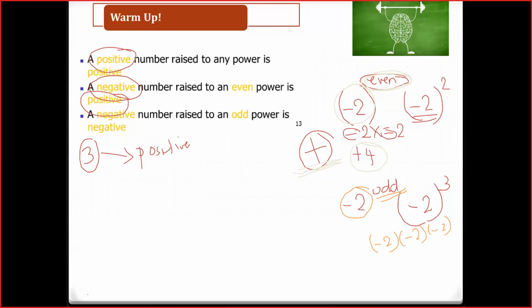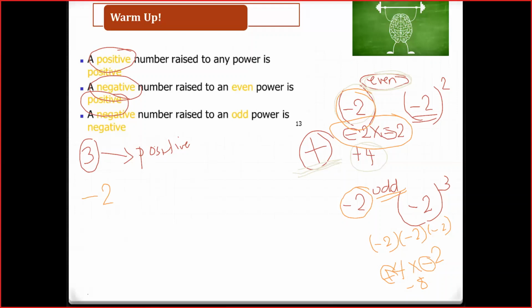Negative 2 multiplied by negative 2, as I said before, is 4. Multiplied by negative 2: positive multiplied by negative is negative. And 4 multiplied by 2 is 8.